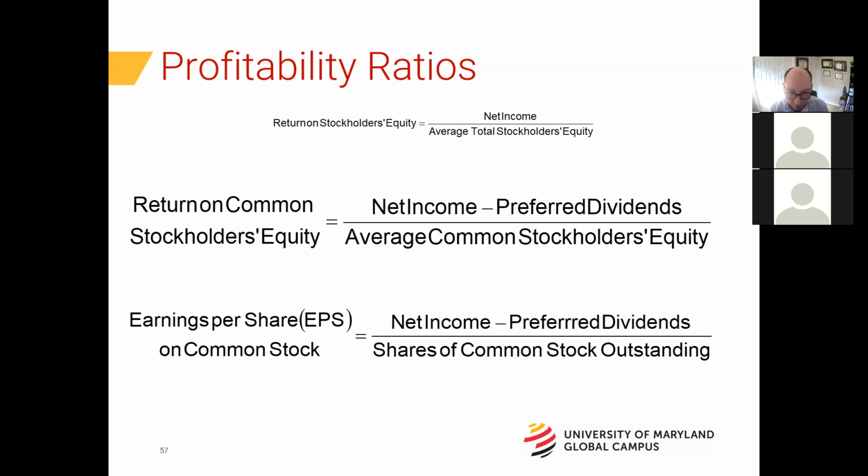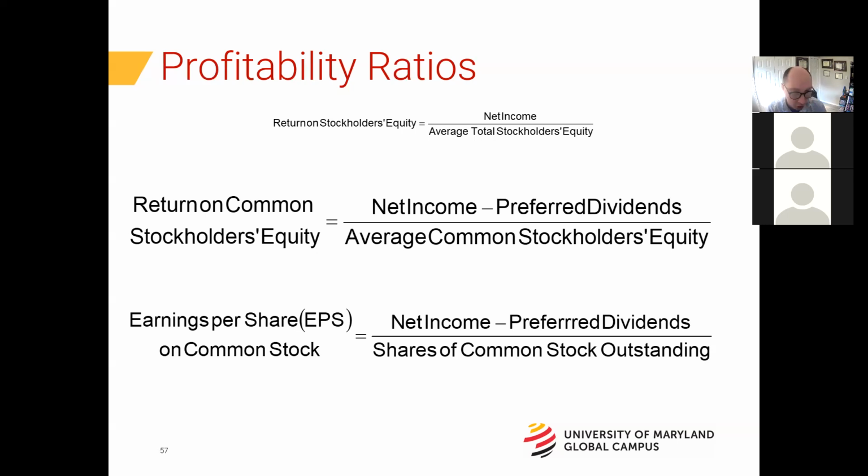It's very similar for earnings per share. Earnings per share tells us what we expect to earn as a dividend per share in the future. That's what earnings per share tells us. And it's net income minus preferred dividends divided by shares of common stock outstanding.